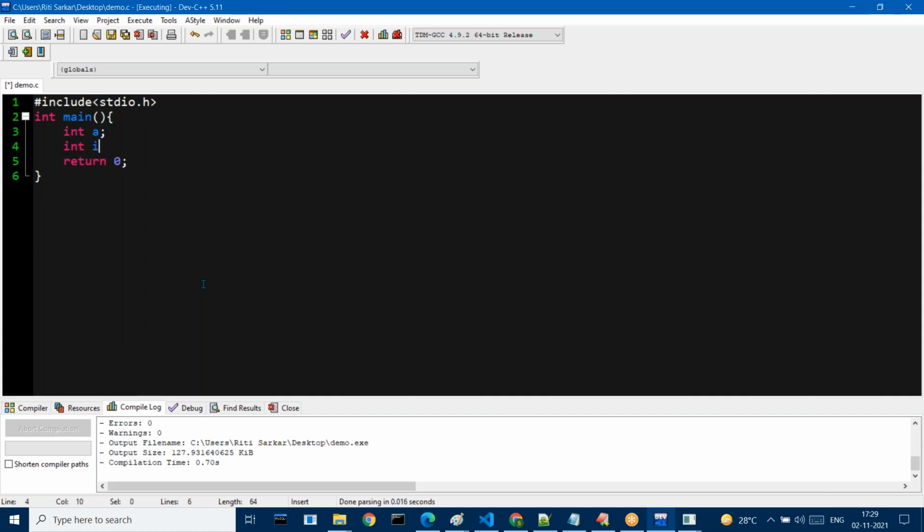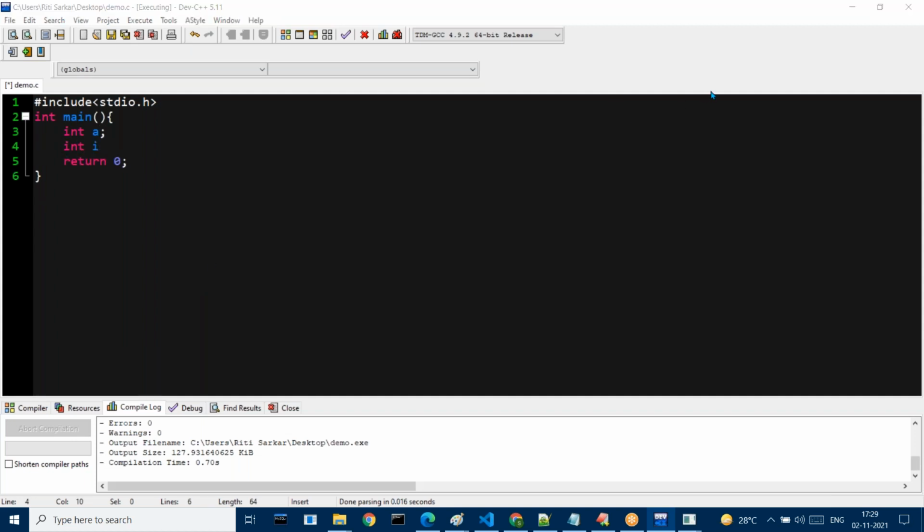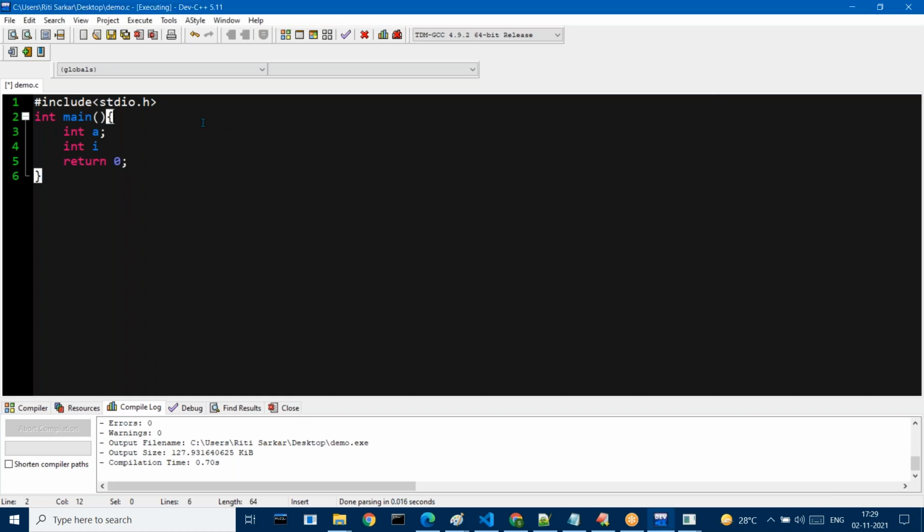Int a, int i is equal to 4. Here a is equal to 24 logical or minus minus i.